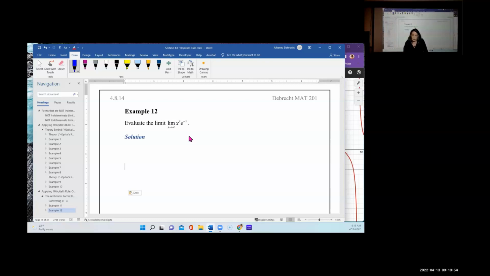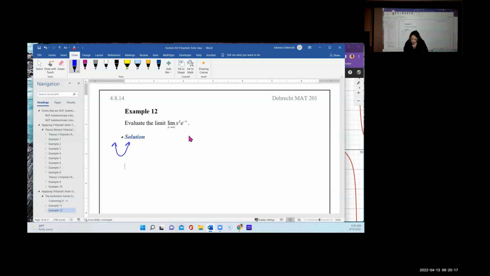This says x is going to infinity, so I don't have a number to plug in. And since I don't have a number, I need to think about the graph. So I'm thinking about the graph of x squared, which looks like this. And as x goes to the right, the y value goes up. So again, x is going to infinity, moving to the right, and the y value is going up forever.